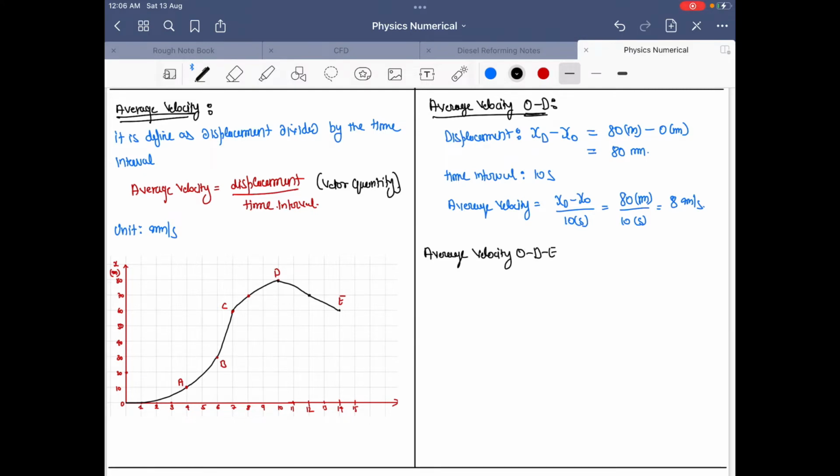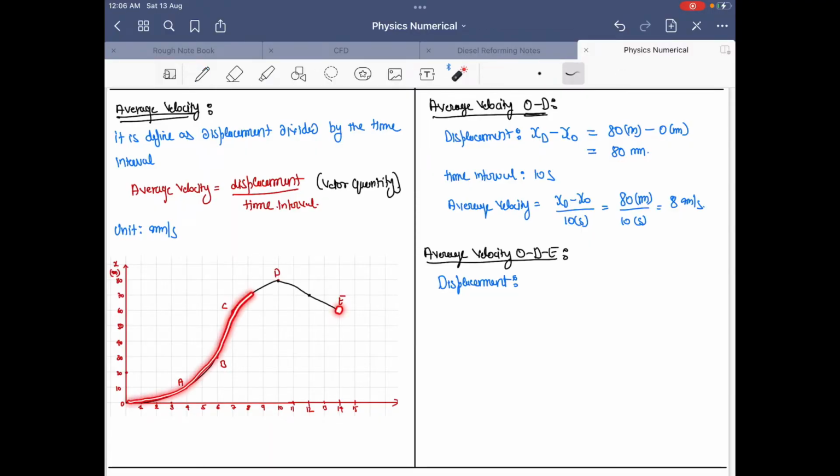for O to D and D to E. You have to pay attention at this point. Now let's calculate the displacement again. So what is the displacement? What is the final position?